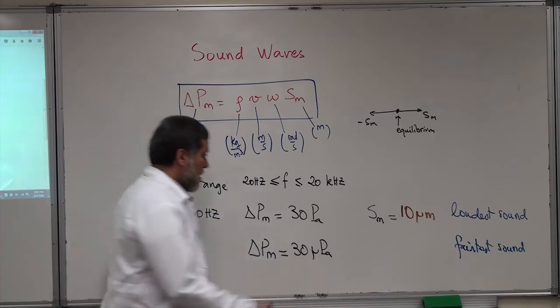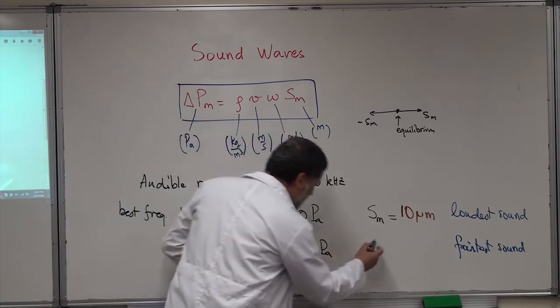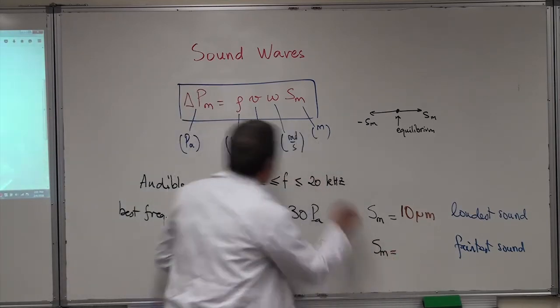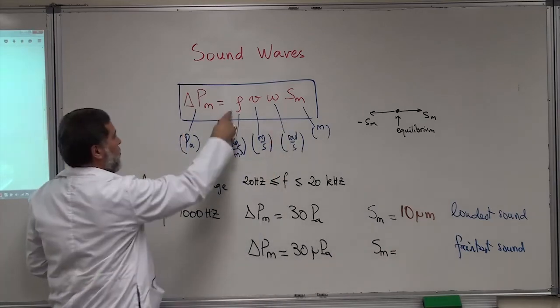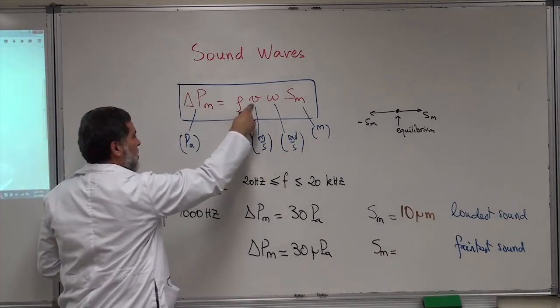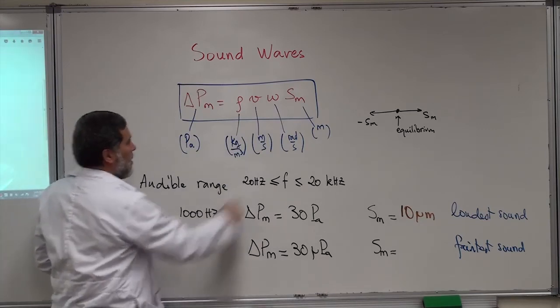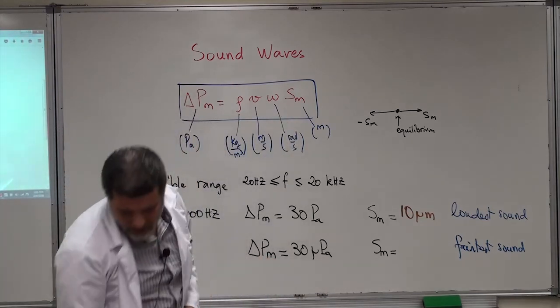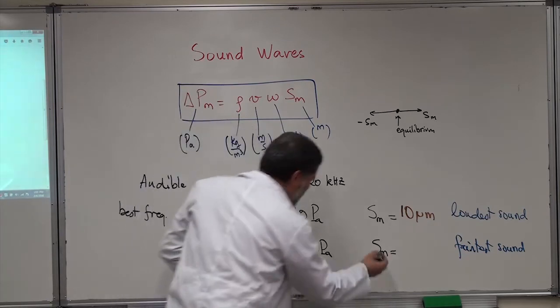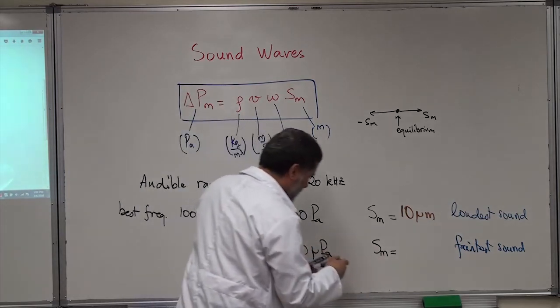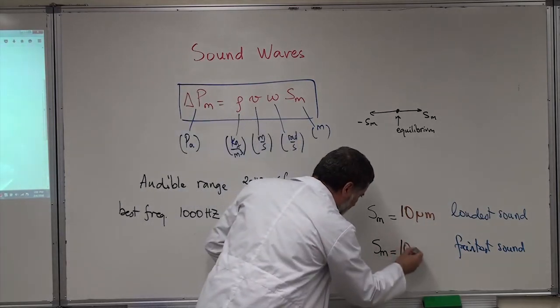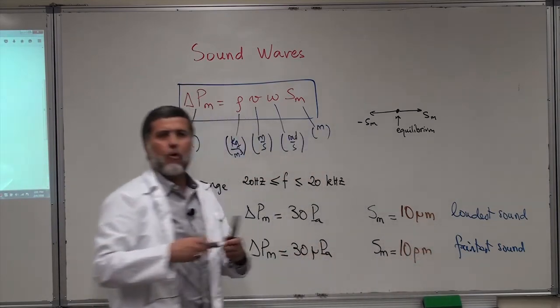For this case, if we go to this equation and put in the density of the air, the speed of sound in the air, and omega is 2 pi f, where f is the frequency, you get SM of about 10 picometer. Of course, pico is 10 to the power minus 12.